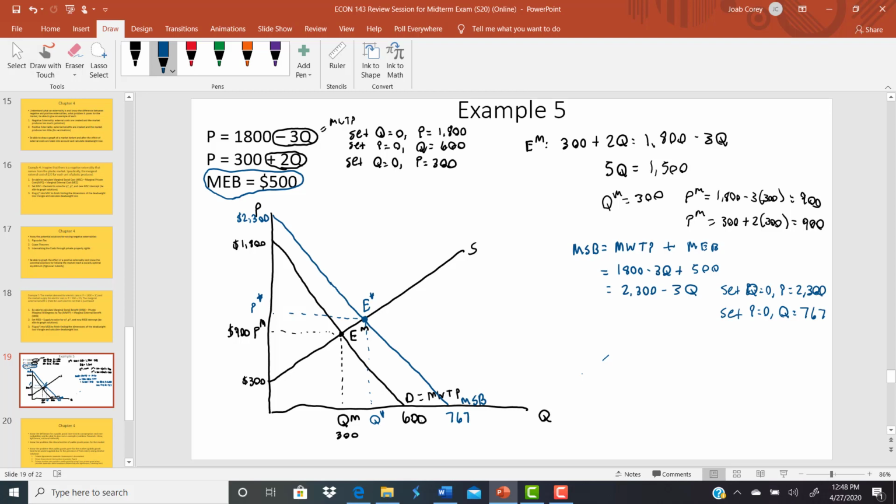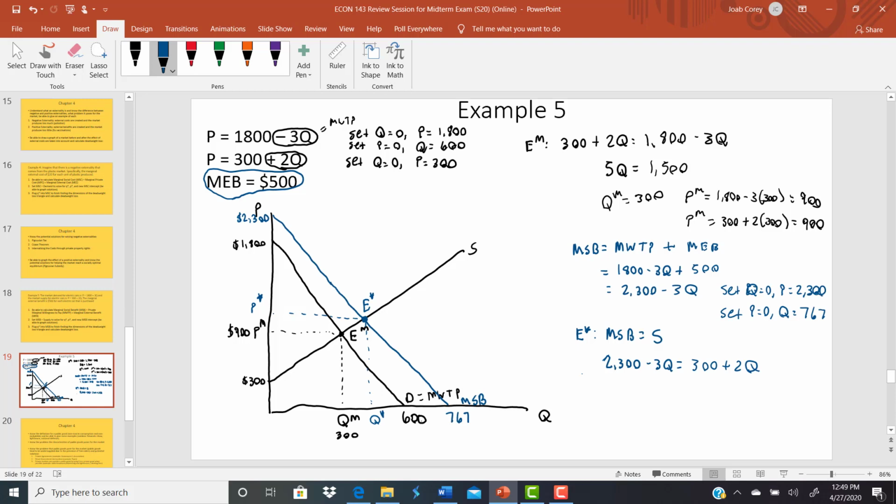All right, so now we're going to solve for our new socially efficient or socially optimal equilibrium, E star. The way that we're going to do that is we're going to set our new marginal social benefit curve equal to our original supply curve. So we got that marginal social benefit curve of 2,300 minus 3Q. And we're going to set that equal to that 300 plus 2Q, which is our original supply curve equation.